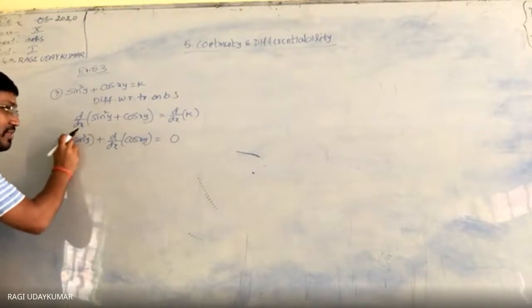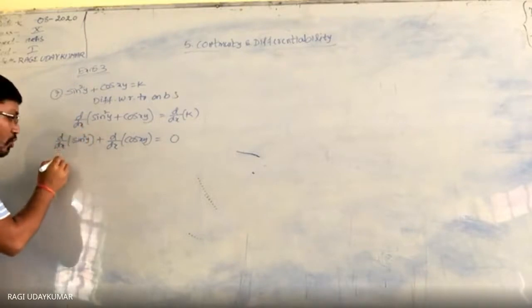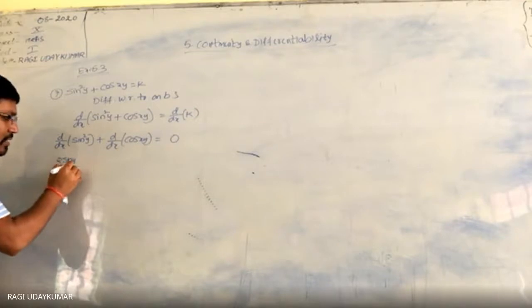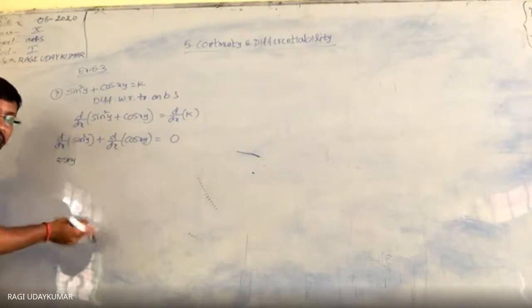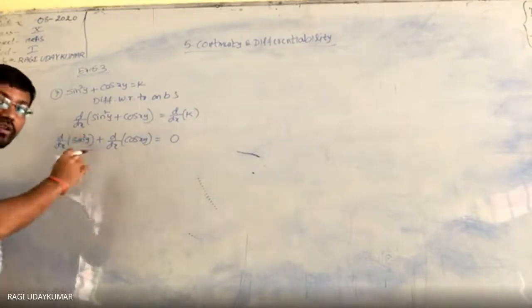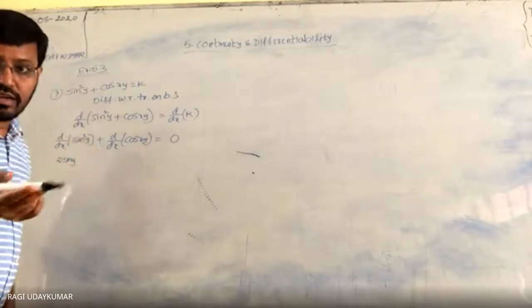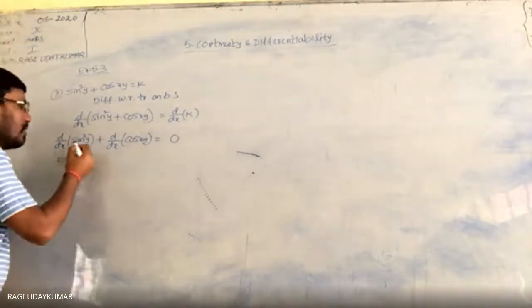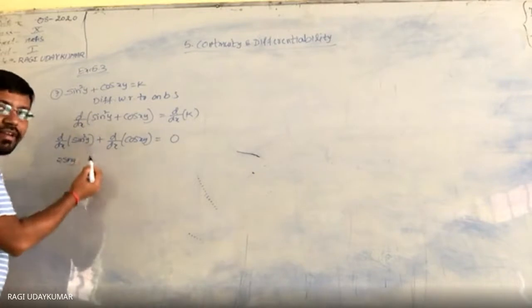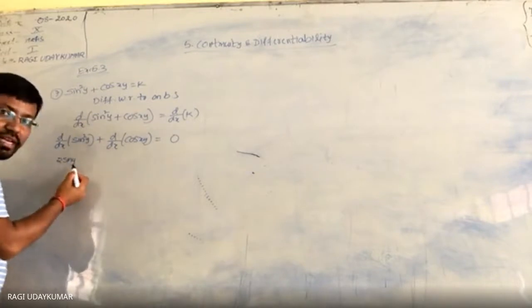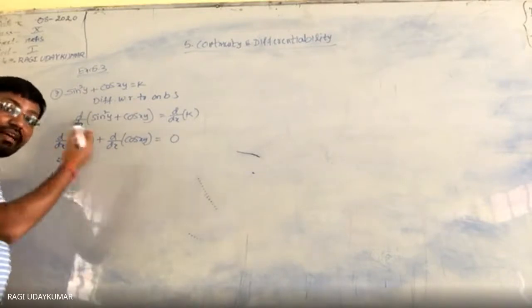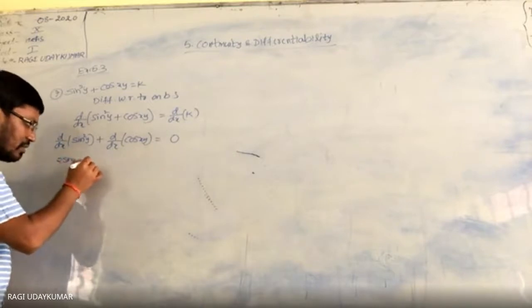So what do you write here? Differentiation of sin square y, how do you do it? 2 sin y, again the differentiation of sin y. This is like x square: if you differentiate x square, you get 2x. In the same way, if you differentiate sin square y, you get 2 sin y, and the differentiation of sin y is cos y. Again, dy by dx.